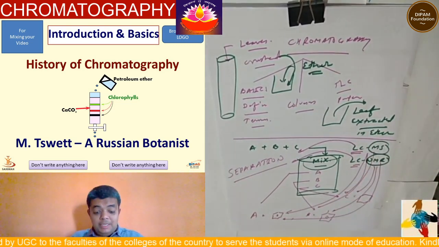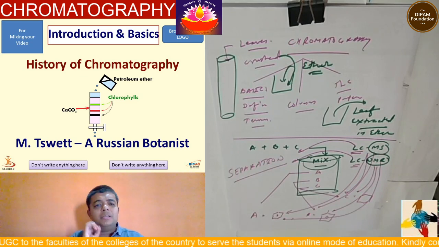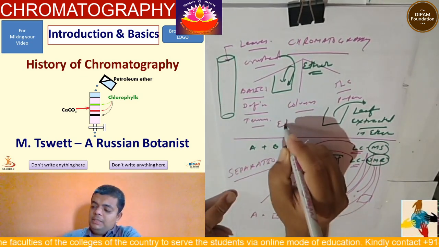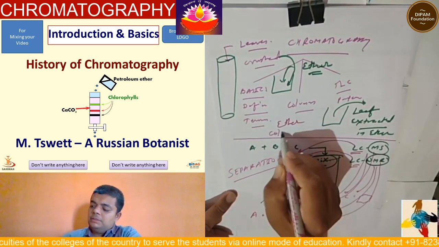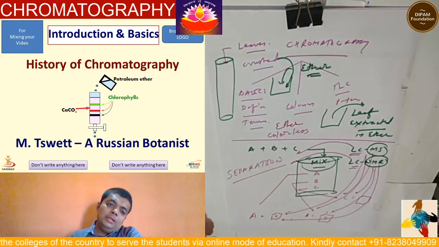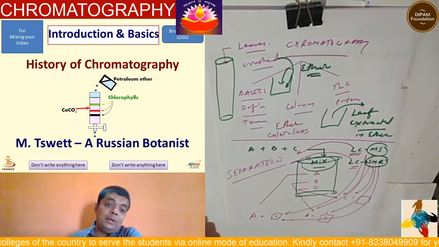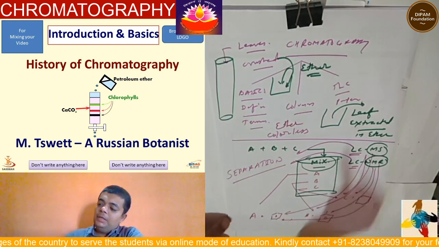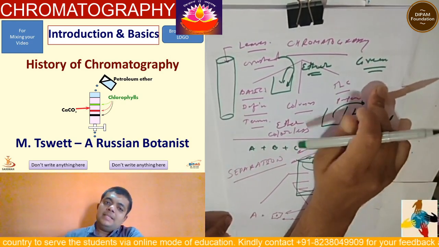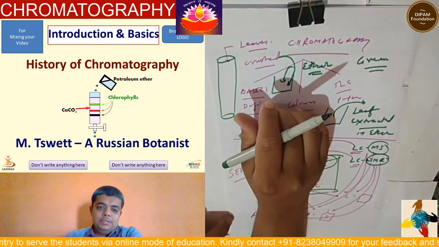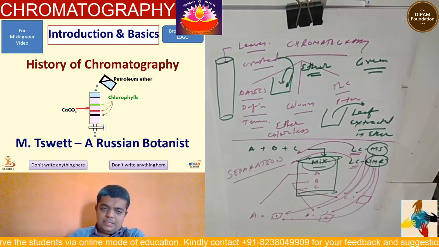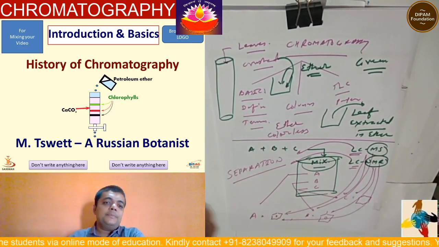And it is very easy to identify whether some part is extracted or not, because the solvent ether was colorless. But when the leaves were crushed in, mixed very well, stirred rather to say, its color changed to green. Means there is something that has happened inside ether. And that phenomenon basically a chemist or a botanist explains to be extraction.